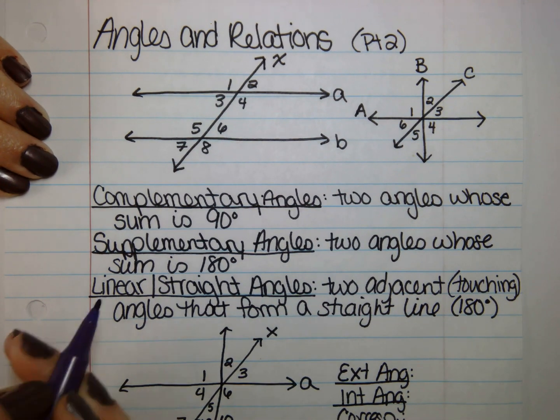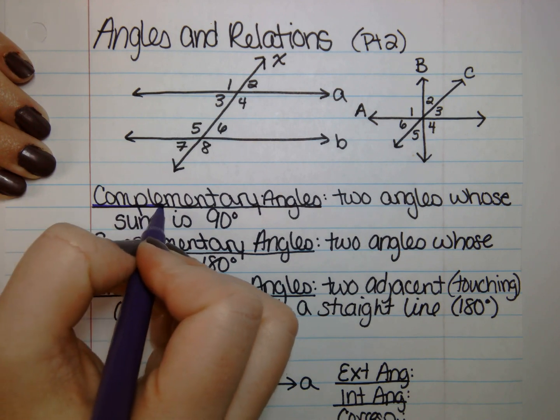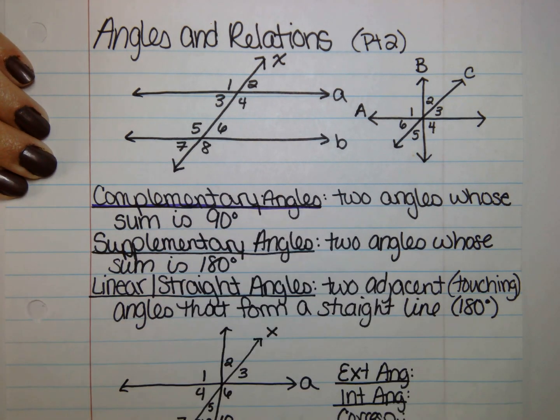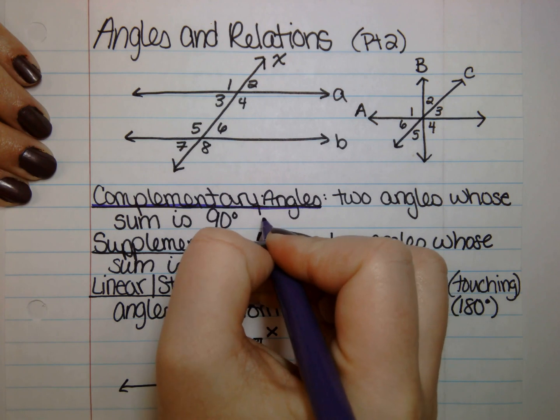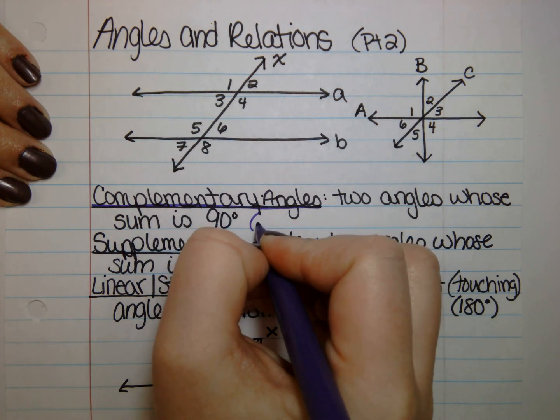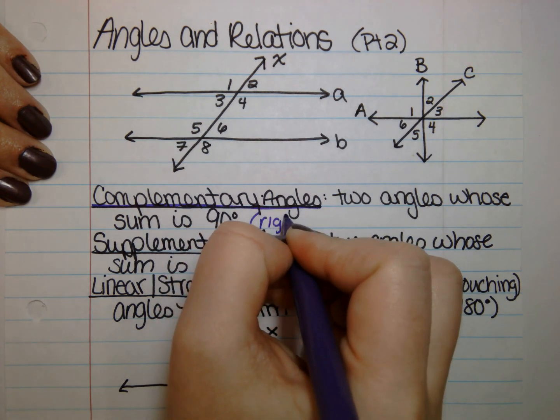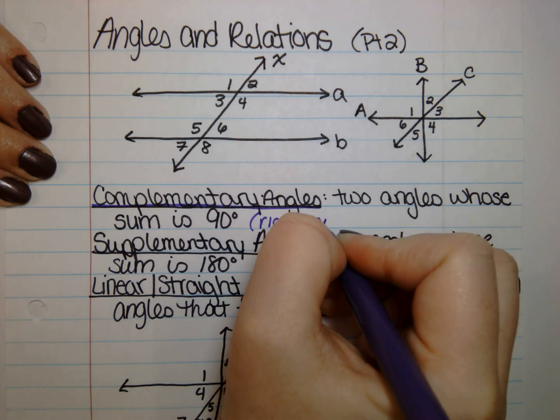The first one is complementary angles. Complementary angles are any two angles whose sum is 90 degrees. Hopefully you remember that 90 degrees means that they form a right angle.